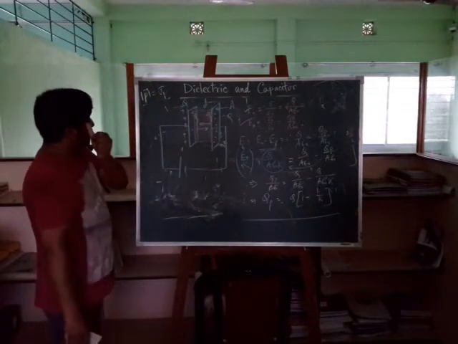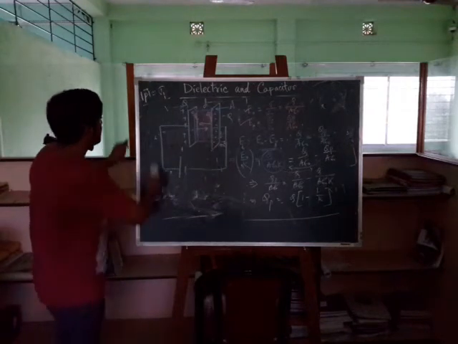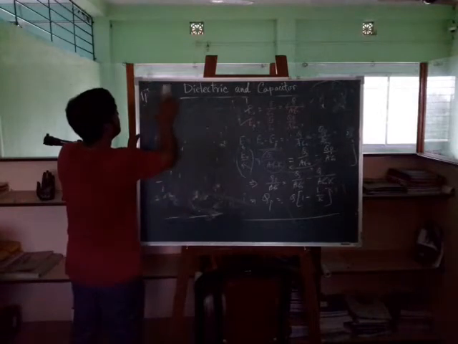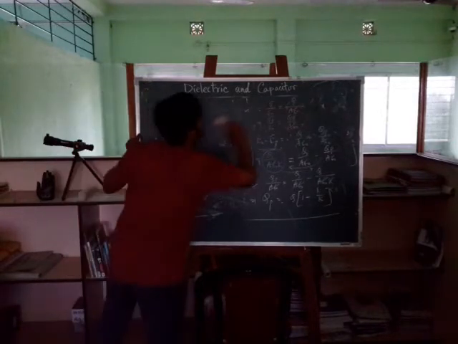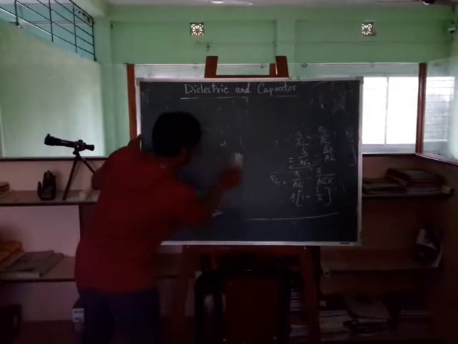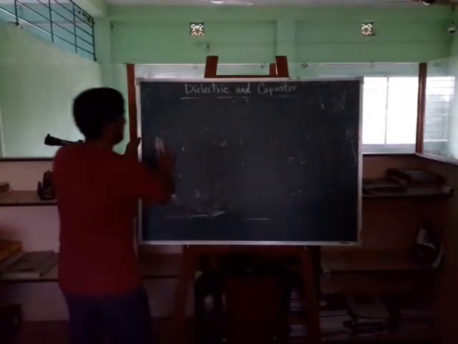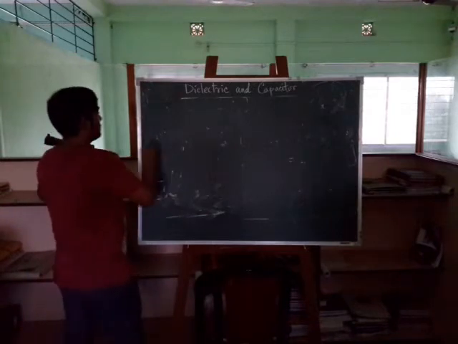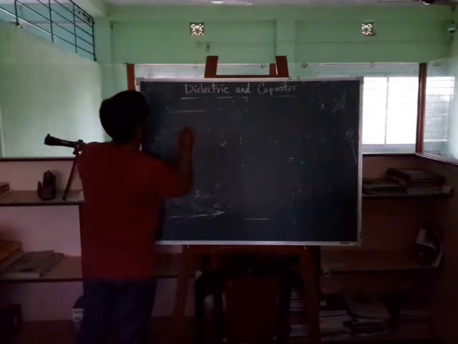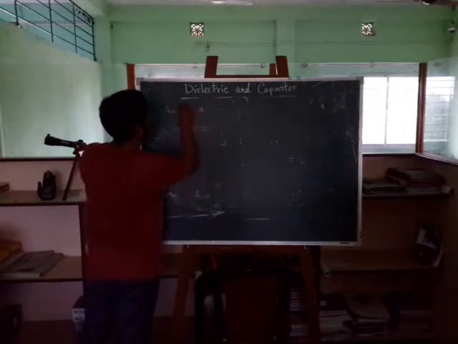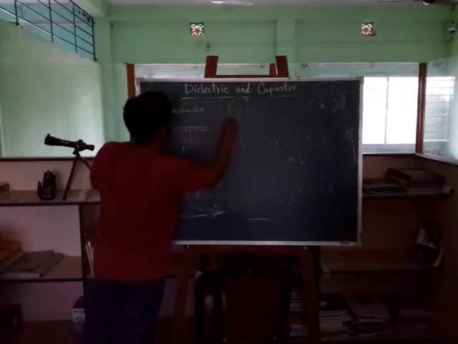From here, we would like to talk about Gauss law. Let us see if there is dielectric media, what happens to Gauss law. So suppose this is our parallel plate capacitor. This has the positive charge, this has the negative charge, and these two plates are connected to a battery, positive and negative.